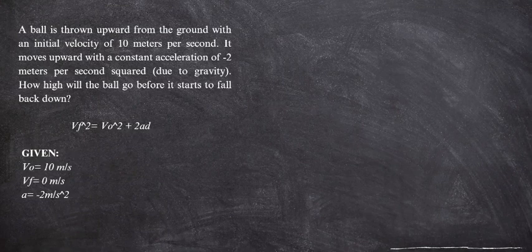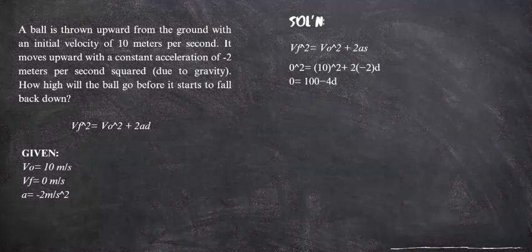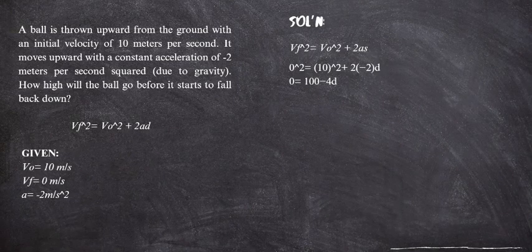So the first step for solving this problem is we plug in the values into the equation, which is our final velocity 0 squared equals 10 squared plus 2 times negative 2d. Then simplify. We have 0 equals 100 minus 4d.